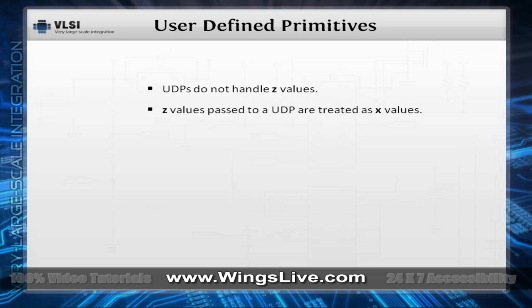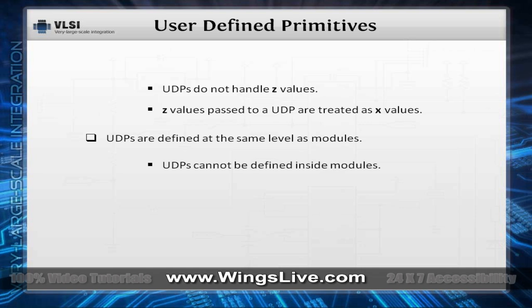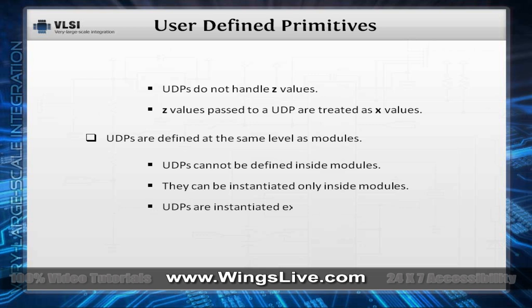Z values passed to a UDP are treated as x values. UDPs are defined at the same level as modules. UDPs cannot be defined inside modules. They can be instantiated only inside modules. UDPs are instantiated exactly like gate primitives. And lastly, UDPs do not support inout ports.